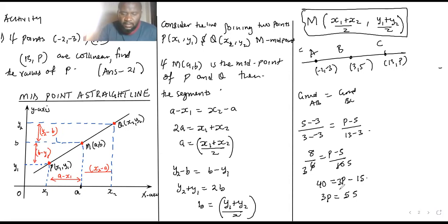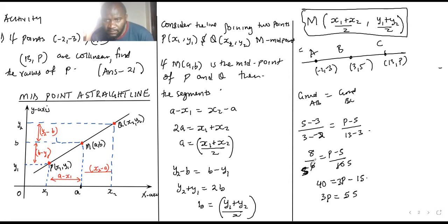Let me check whether I wrote it correctly. 3 minus -2, it is -2 here, giving us a 5.